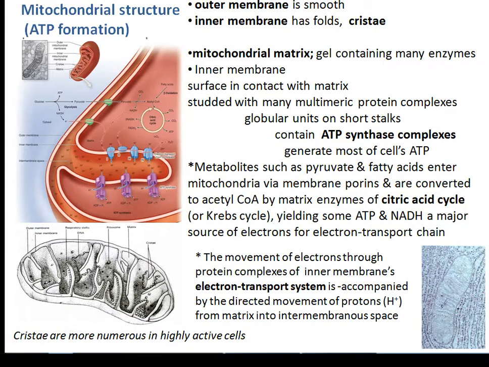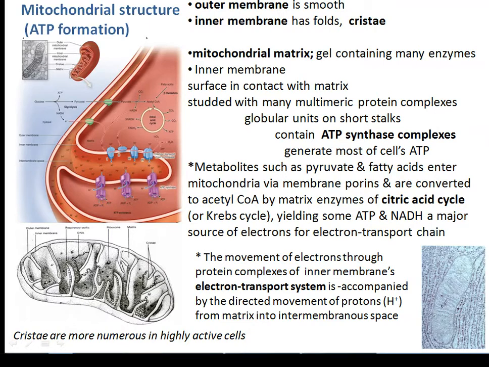Metabolites that are rich in energy need to undergo degradation to release energy. We know that the substances which are rich in energy are glucose, carbohydrates, and fatty acids. The initial step of degradation of glucose takes place inside the cytoplasm, and there the glucose splits into two pyruvate molecules, and they release ATP molecules.